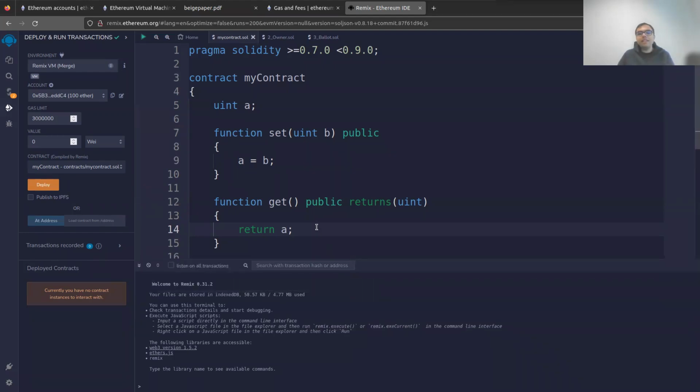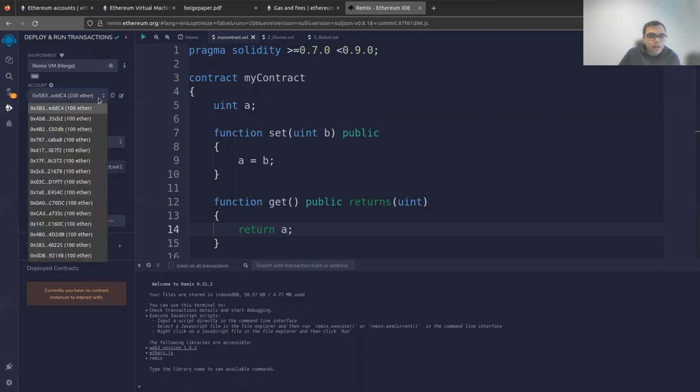In practice, whenever you do a transaction on a blockchain, you have to wait for it to get picked up by a miner and added to the chain, and you probably have to wait for verifications. You don't have any of that here because this is just a simulation. Here I have a bunch of accounts, and every account has an address.